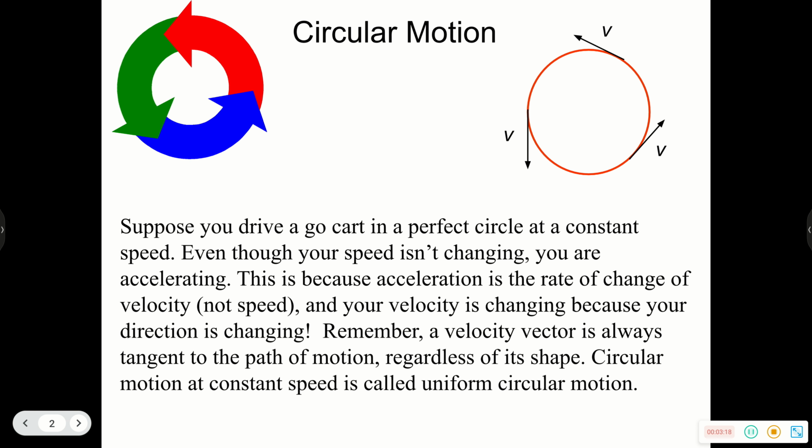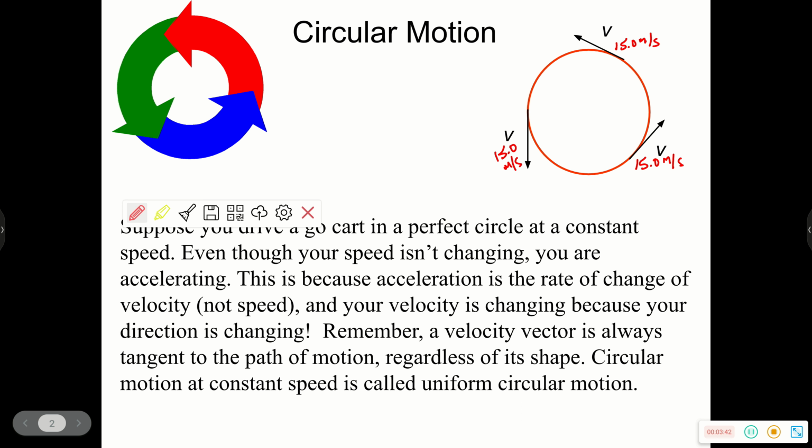Say this first tangent is 15 meters per second. If it's uniform circular motion, this is also 15 meters per second, and this is 15 meters per second.